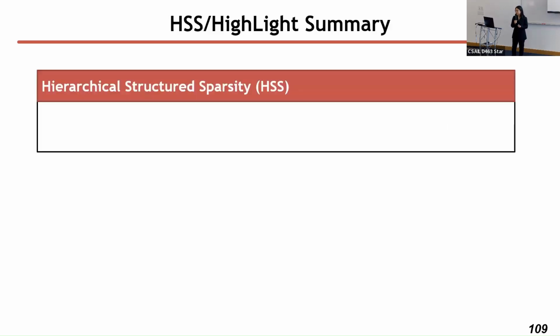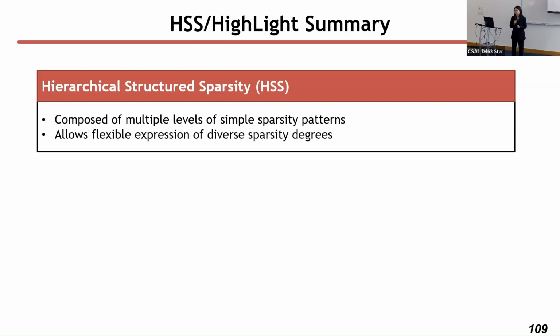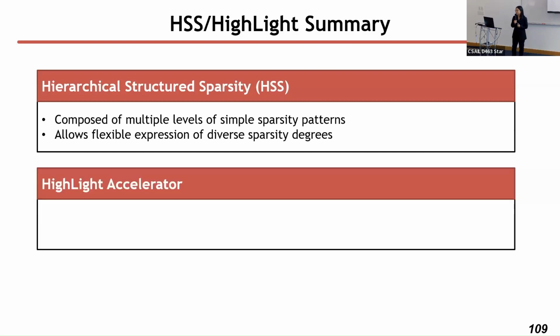So a quick summary of this topic. We first introduced hierarchical structured sparsity, or HSS, which is composed of multiple levels of simple sparsity patterns, and it gives us high flexibility to express diverse sparsity degrees. Motivated by the nature of HSS, we proposed the HighLight accelerator, which supports 2-rank HSS with a few degrees at each level.